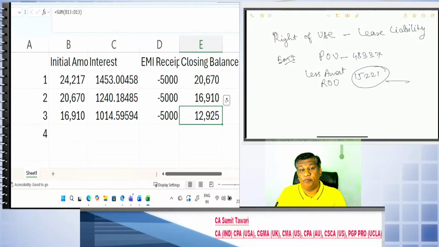In operating lease, we are using the same amount for lease liability reduction and the ROU reduction. But in finance lease, the right of use asset we need to reduce equally. So that's why the amount is different. So the first year in the books of the lessee, operating lease expense is basically 18,891. Second year it is 18,016, and in the third year it is 17,091. This way we need to calculate.